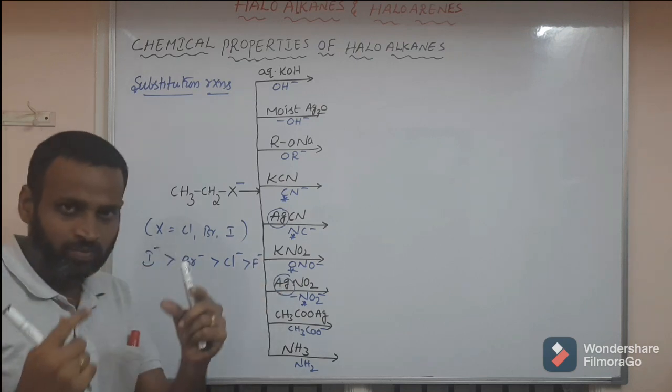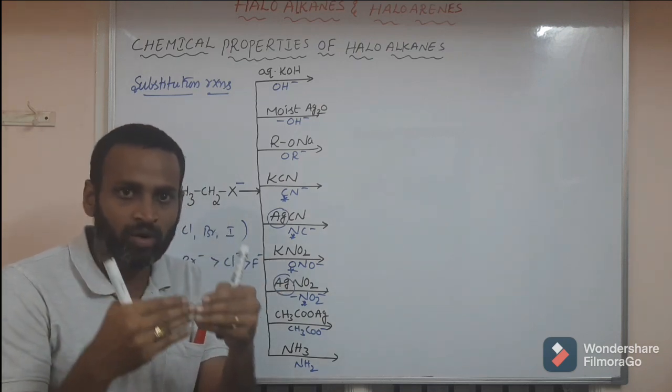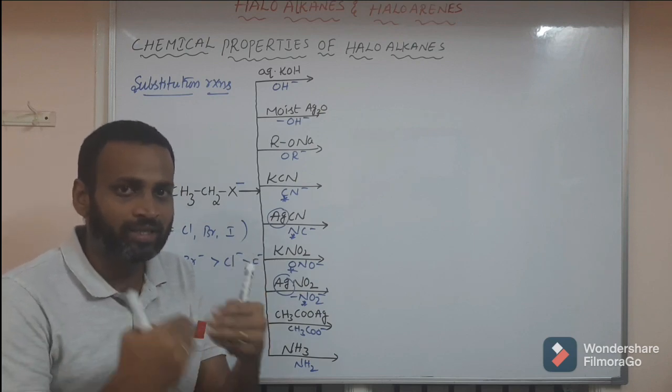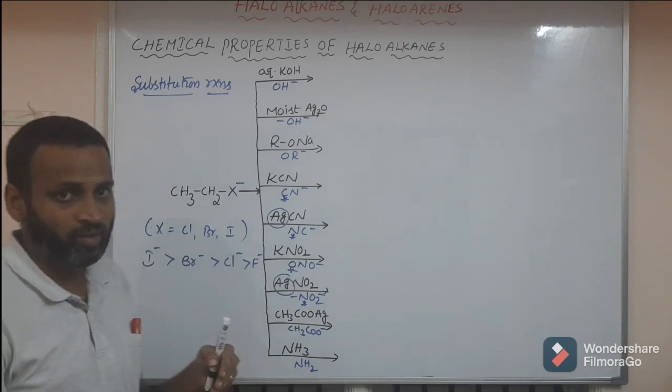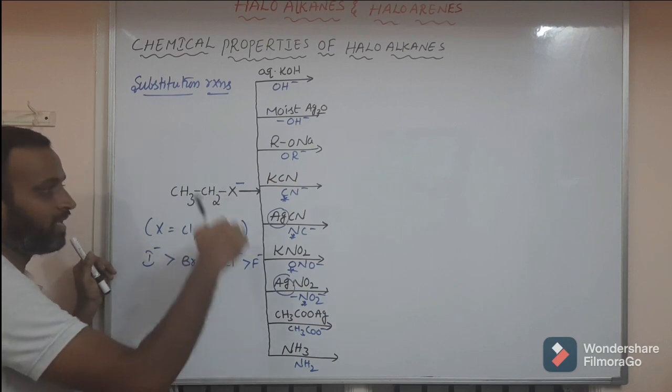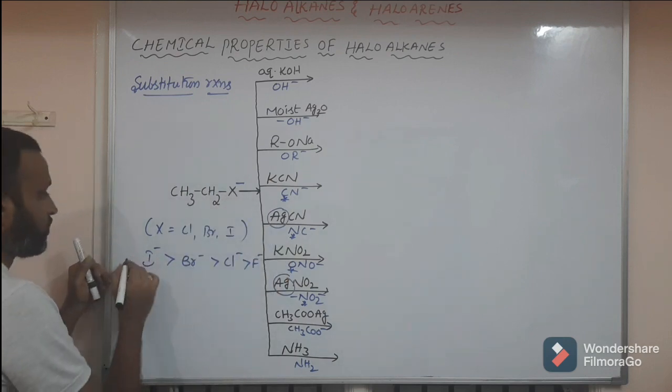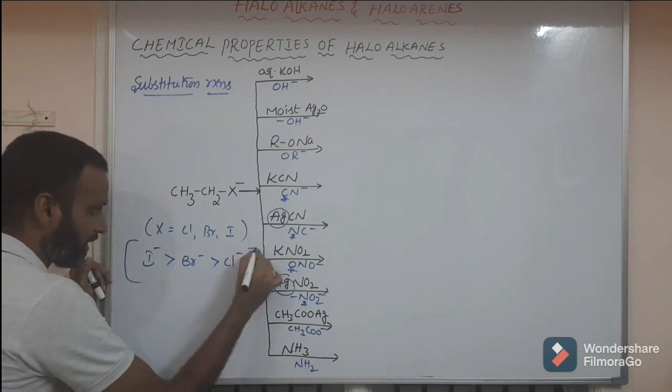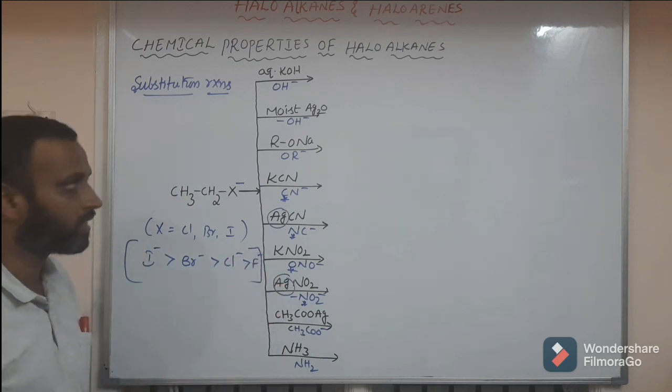Because fluorine is very small, it has a shorter bond length, and more bond energy is required. So I minus is the best leaving group. If it is iodine, that can react fast. This order of leaving group I have already given.